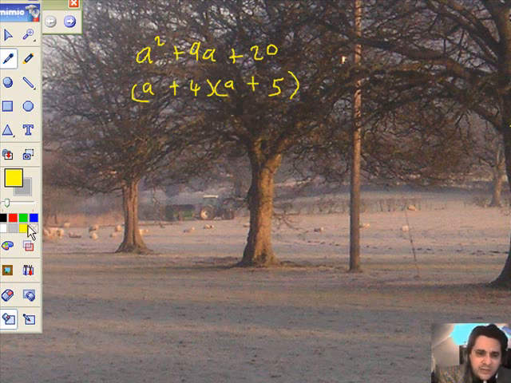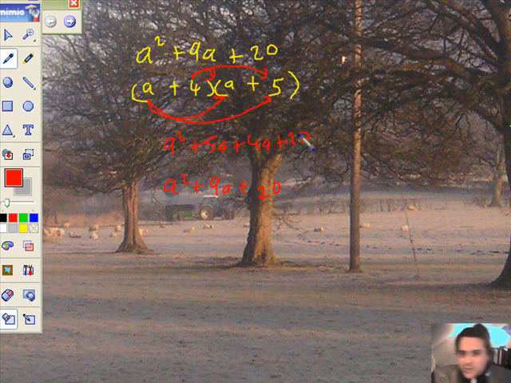Let me just show you the thinking behind that. a times a is going to be a squared. a times 5 is going to be plus 5a. 4 times a is going to be plus another 4a, and 4 times 5 is going to be 20. Altogether we've got a squared plus 9a plus 20 at the end, and that works fine.